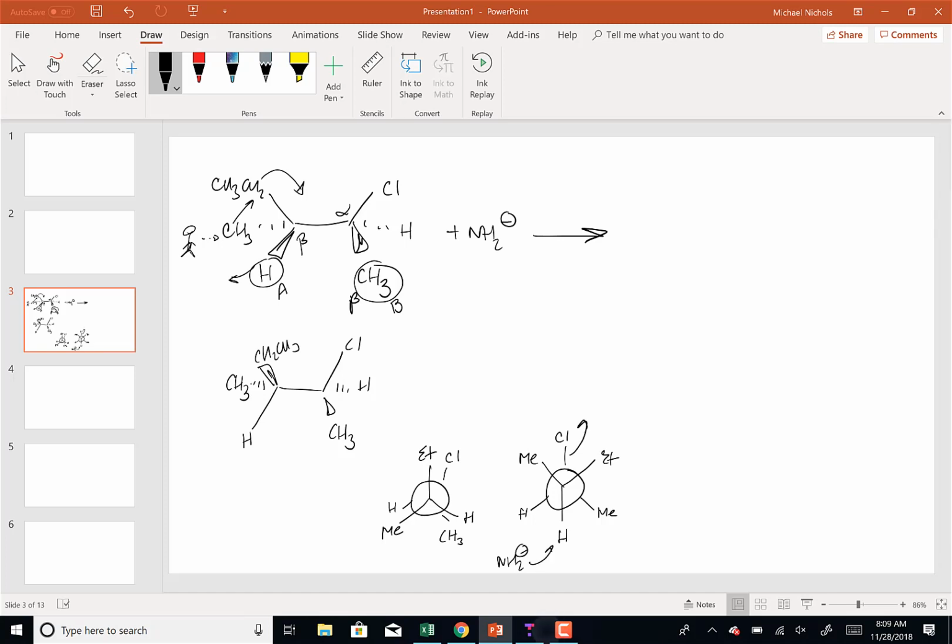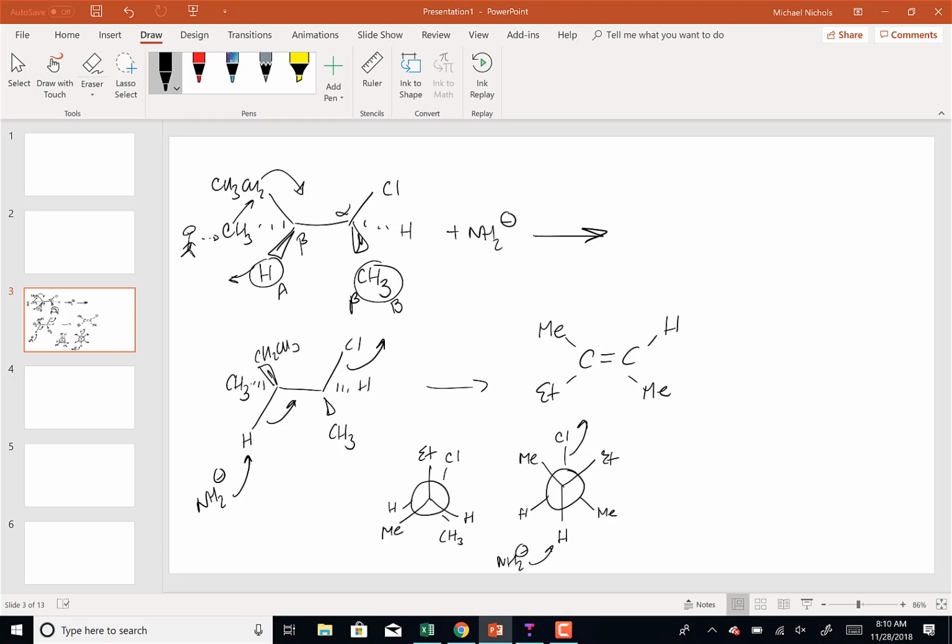Same thing is true over here. NH2 minus comes in, grabs the hydrogen. And so the two bolds end up cis, which is the ethyl group and the methyl group end up cis, and then the methyl group and the hydrogen on the dashed end up cis.